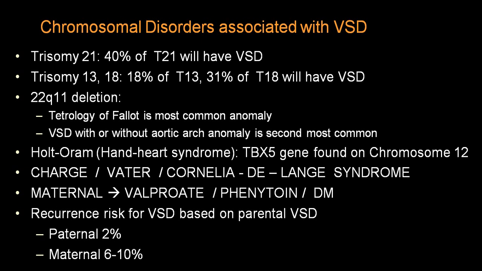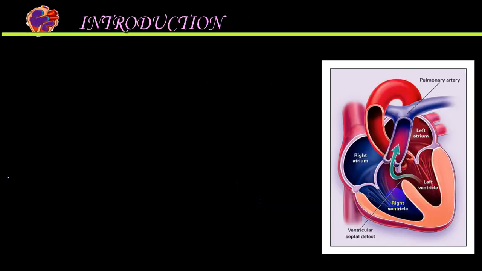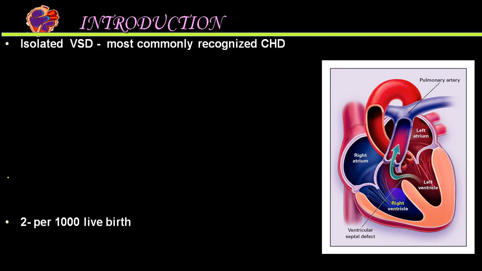You can have other varieties like CHARGE and Cornelia de Lange syndromes. If a mother is on sodium valproate, phenytoin, or has uncontrolled type 1 diabetes, it can also lead to ventricular septal defects. Recurrence rate of VSD is high with a strong family history. So these are all congenital conditions.